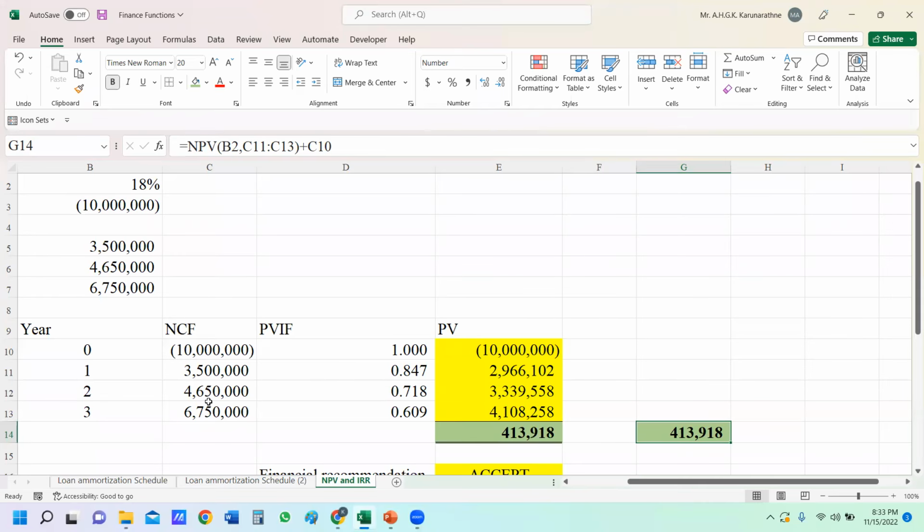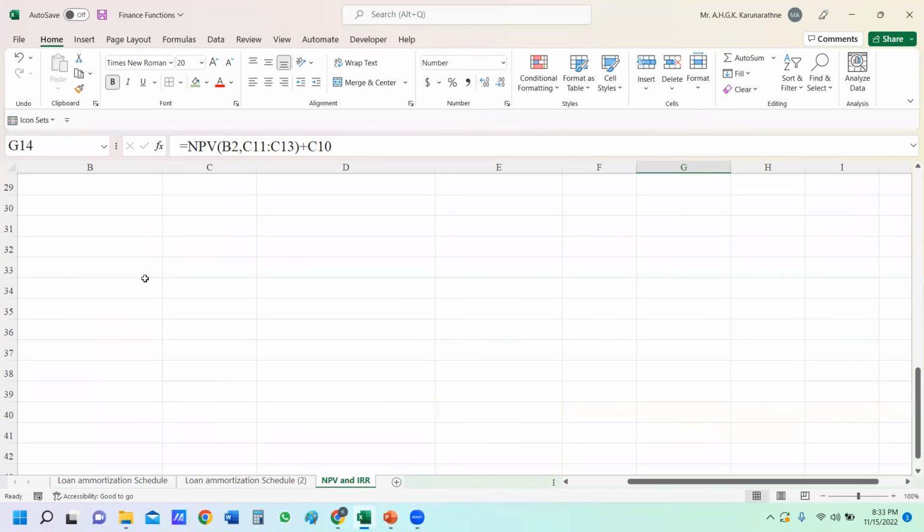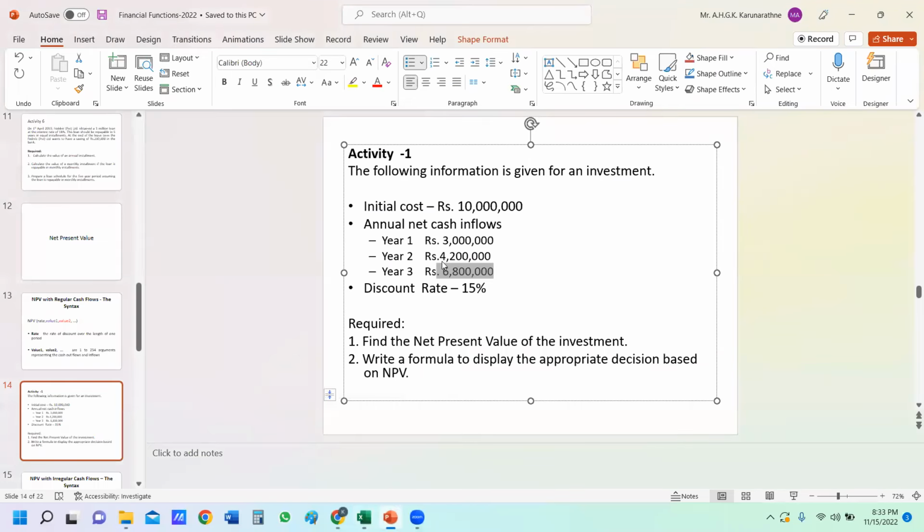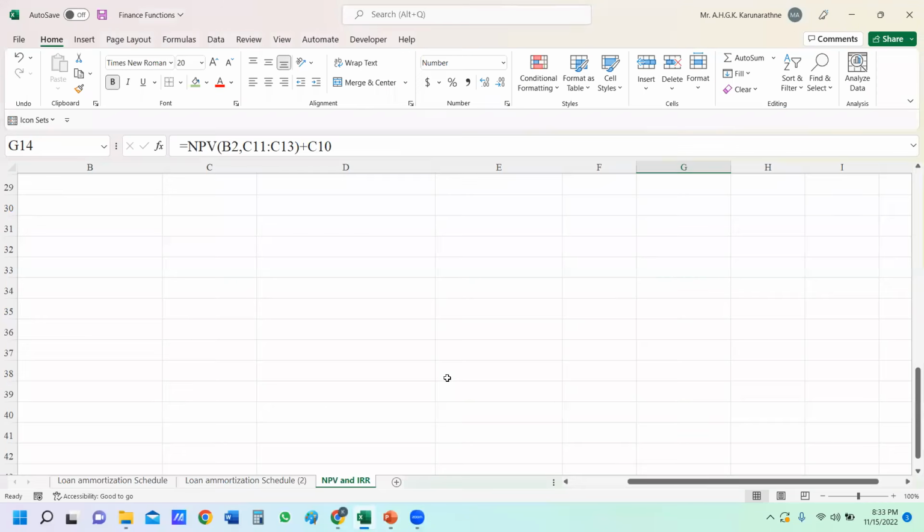Anyway, we'll take this information. Initial investment of 10 million is the input.